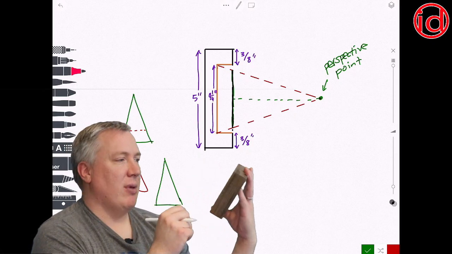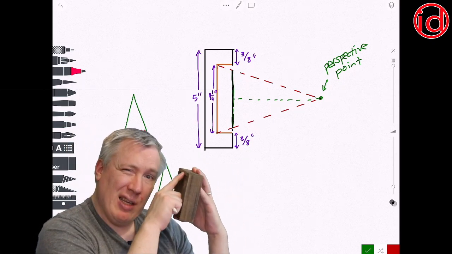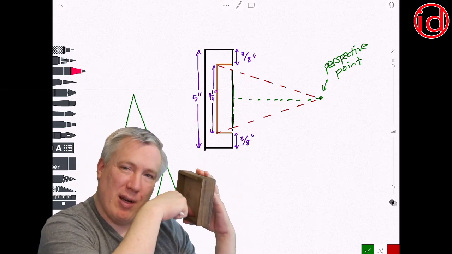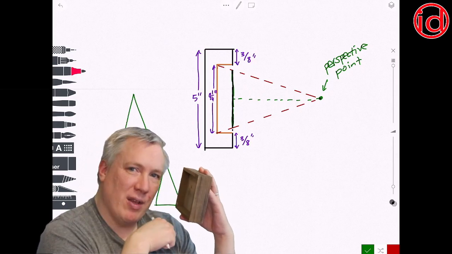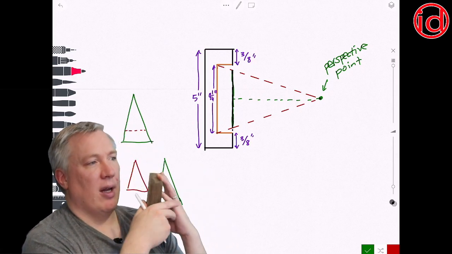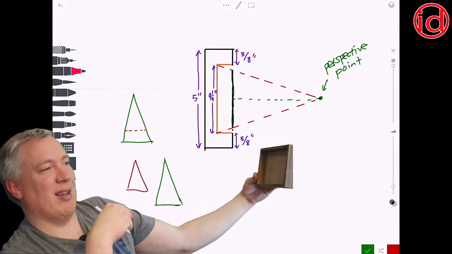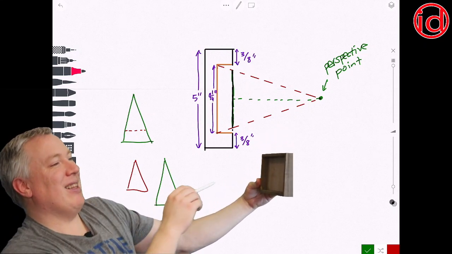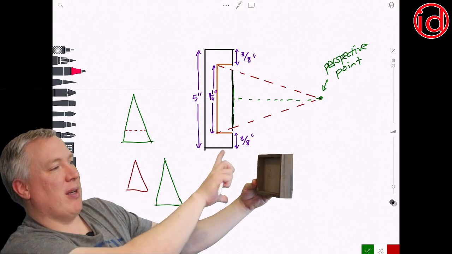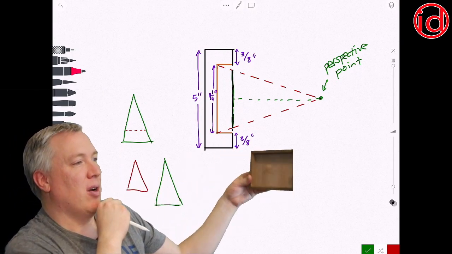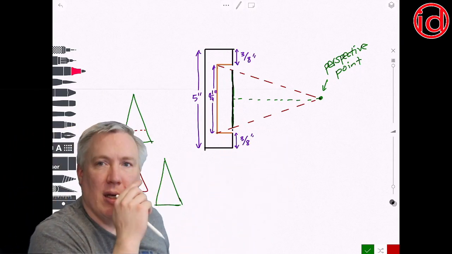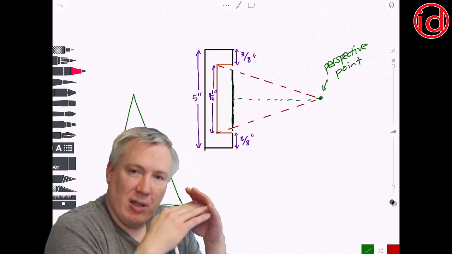If I take this object and my eyes are real close to it, I can easily see the top and bottom and sides of this object. But if I'm way far away, as far as I can get, I see less of that edge because my perspective can't see inside the box. So just like that, here I need to choose a distance.